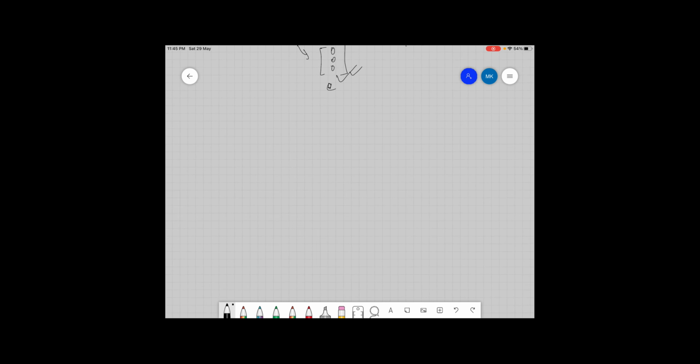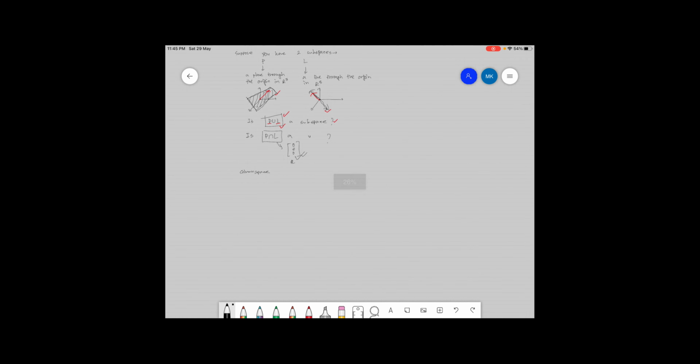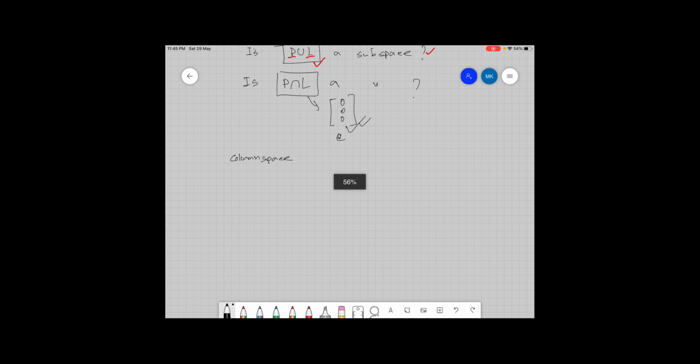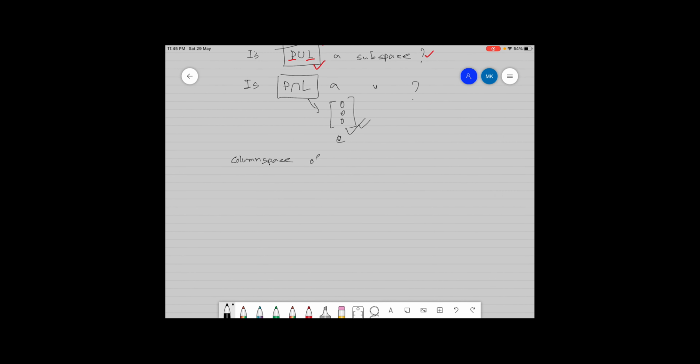Okay. So let's go to the next section, which is the discussion on the column space. I already started the topic of column space in the previous lecture, so I'll be just discussing some key points here. Column space of A. A is any matrix here.